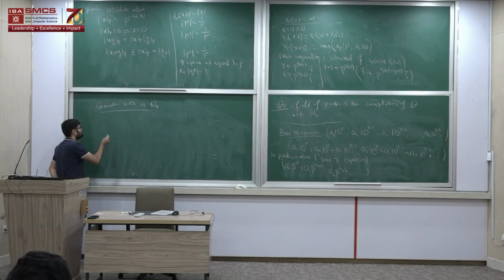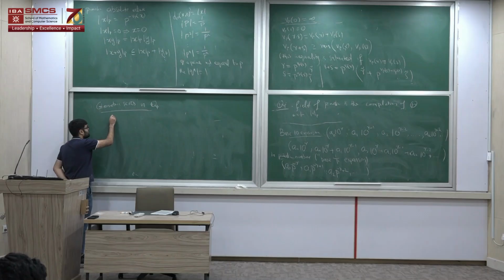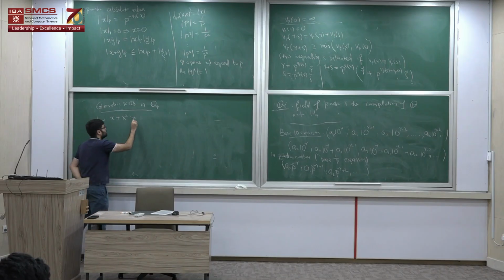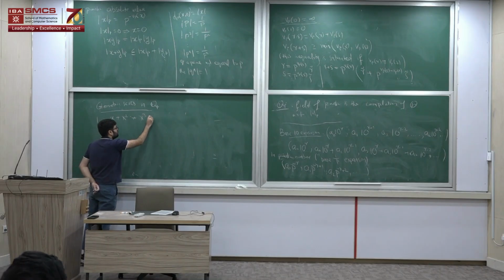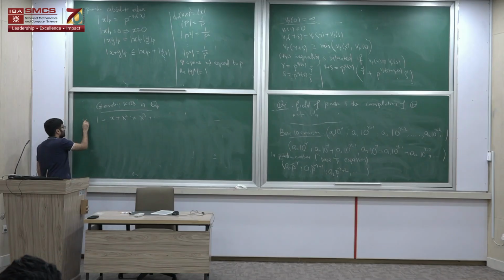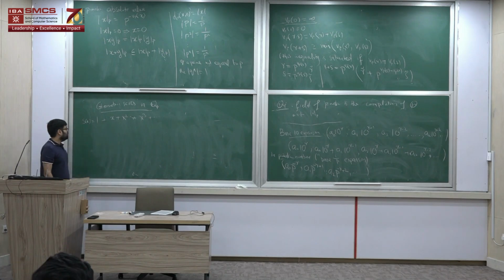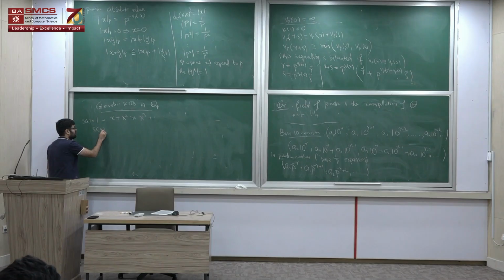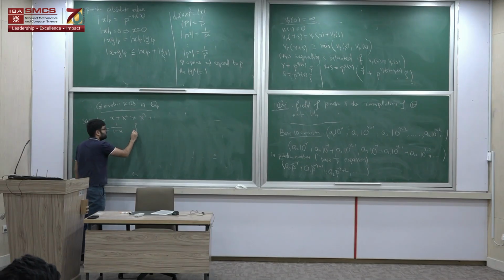So, what I want to do is I have some x, and I want to compute 1 plus x plus x squared plus x cubed plus so on, right. So, let us say s of x, and this we do in, I do not know when, I think first year calculus, is that s of x is 1 over 1 minus x if the absolute value of x is less than 1, right.